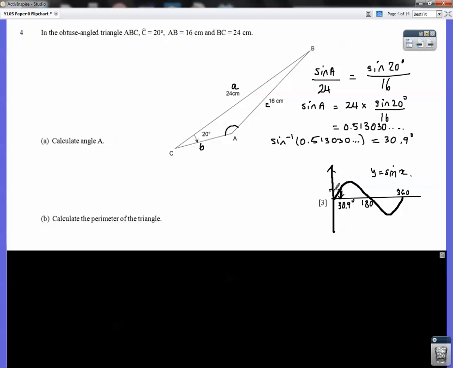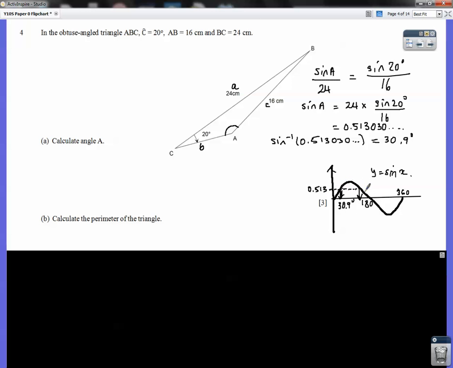The sine of 30.9 degrees is about 0.513, but then the sine of the obtuse angle over here is also 0.513.